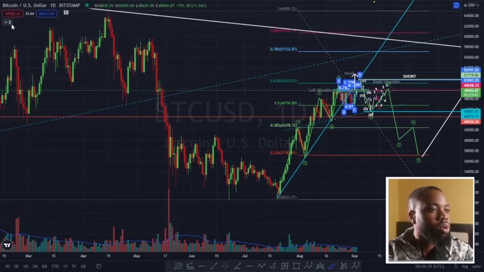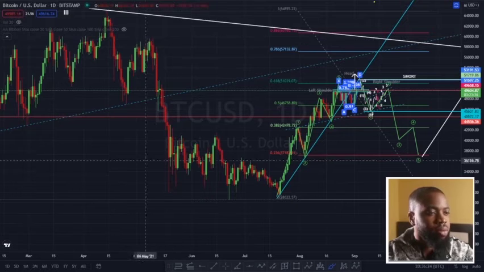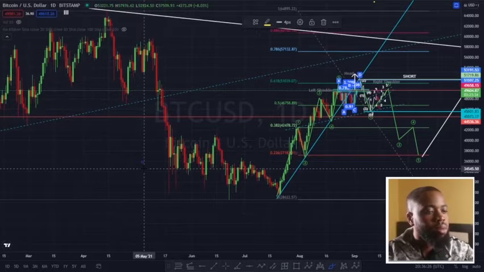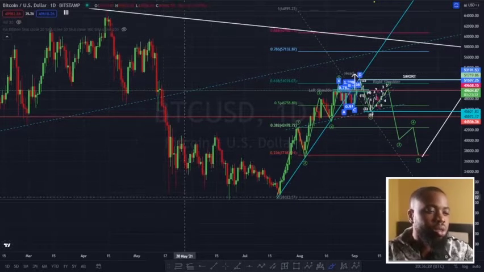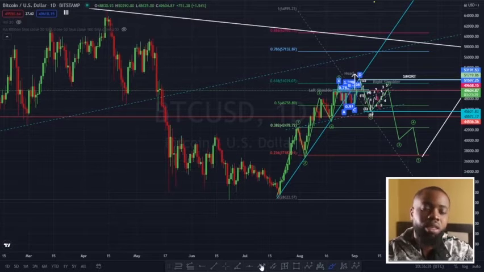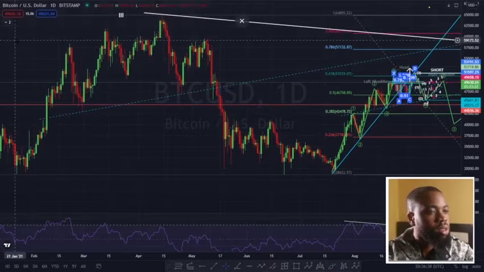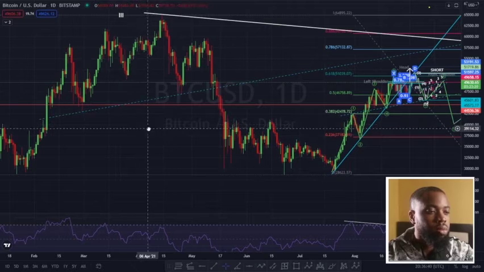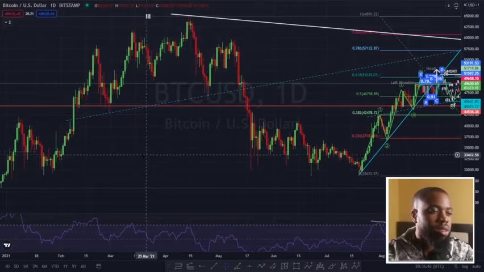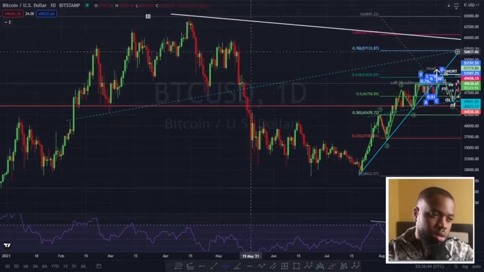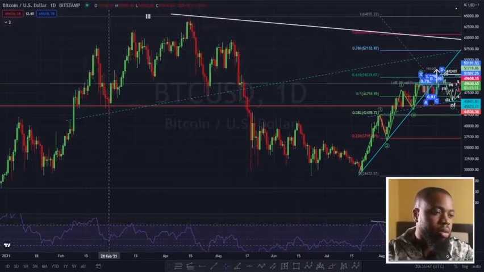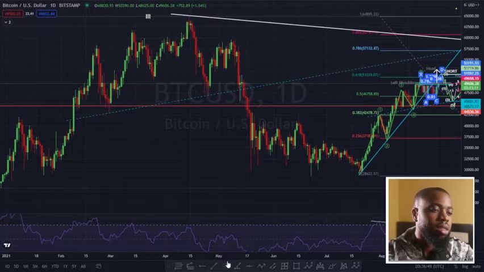So let's put off the volume and look at the RSI. With the help of this RSI, we can also get this fractal which I'm talking about. Let's bring out the RSI, put this down. We can see right here in the previous sessions that we started getting this steady decline in the RSI.